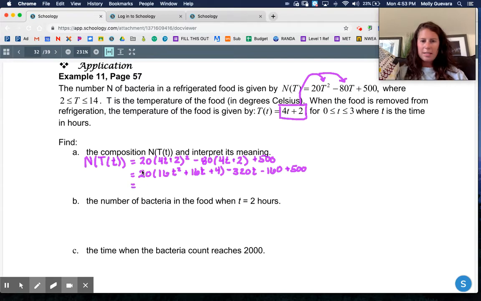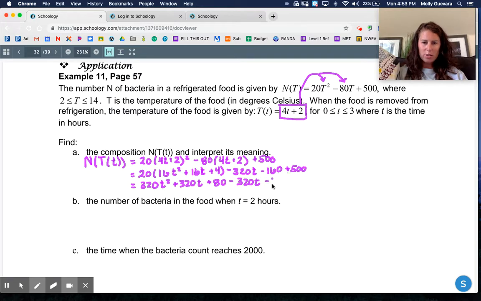And then lastly, let's distribute this 20. So I get 320t squared plus 320t plus 80 minus 320t minus 160 plus 500.